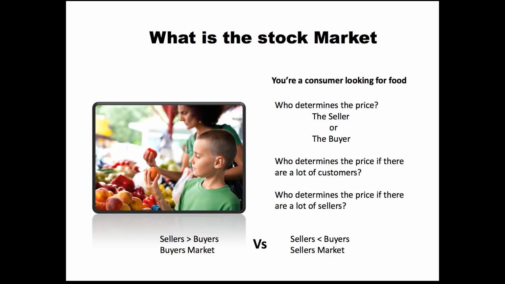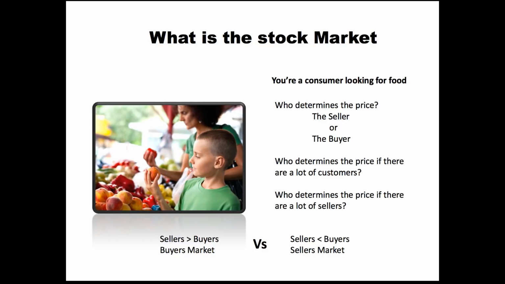And so when you understand that the value of something is only what people are willing to buy and sell it for, and meet in the middle, you can start understanding how markets really work. So how would the price of that peach change if we changed the sellers? Let's say we had more sellers. Let's say that we had 5 different peach vendors all lined up next to each other, and we still had the same number of consumers, which would be the little boy and his mother here, and each vendor wanted to sell their peach.